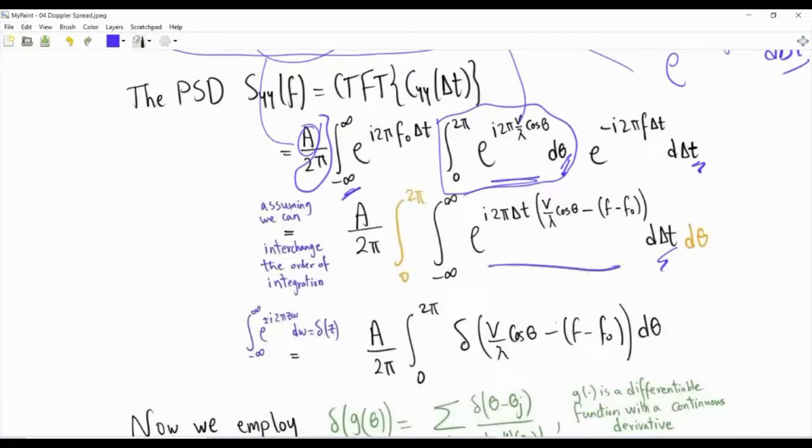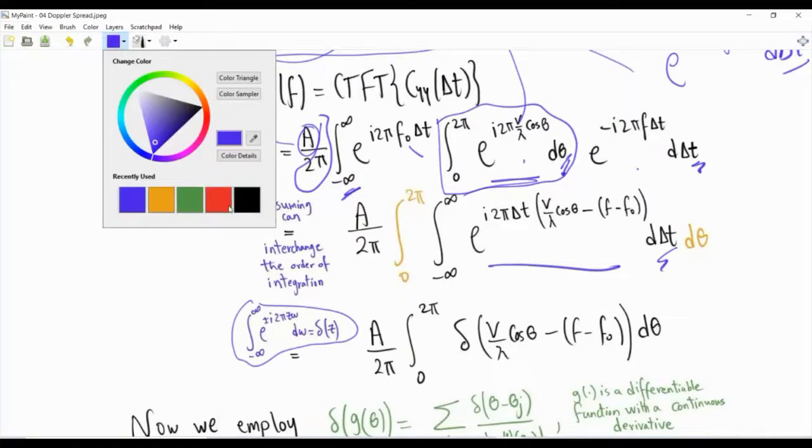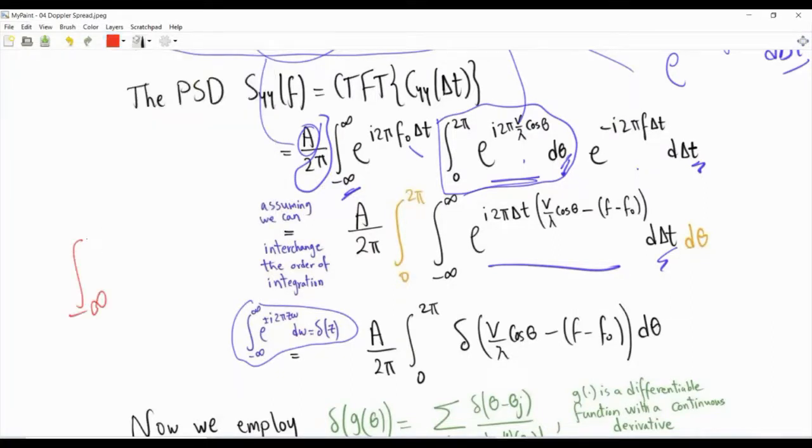When you integrate with respect to delta t, you just have the integrals of those exponentials. You can combine them together, and then use this result that you know from signals and systems: if you have an integral from minus infinity to infinity of e to the plus or minus i 2 pi z w, with z and another real-valued variable w, integrating with respect to z gives the Dirac delta of w.